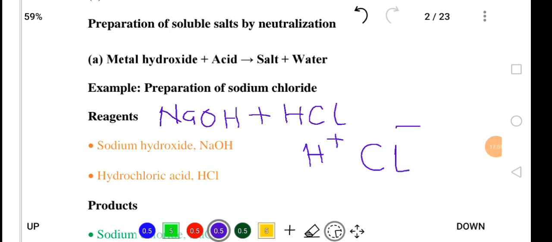The sodium hydroxide will also ionize to form a sodium ion and the hydroxide.